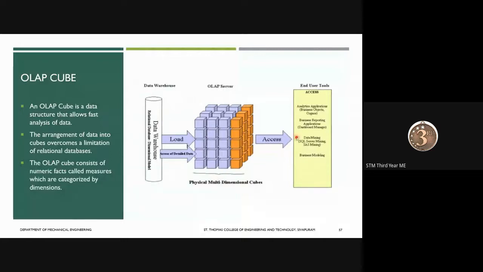For analysis purposes, you can see here analytical applications such as Business Objects, etc. are being used for analytical purposes, and that is the purpose of the OLAP cube.